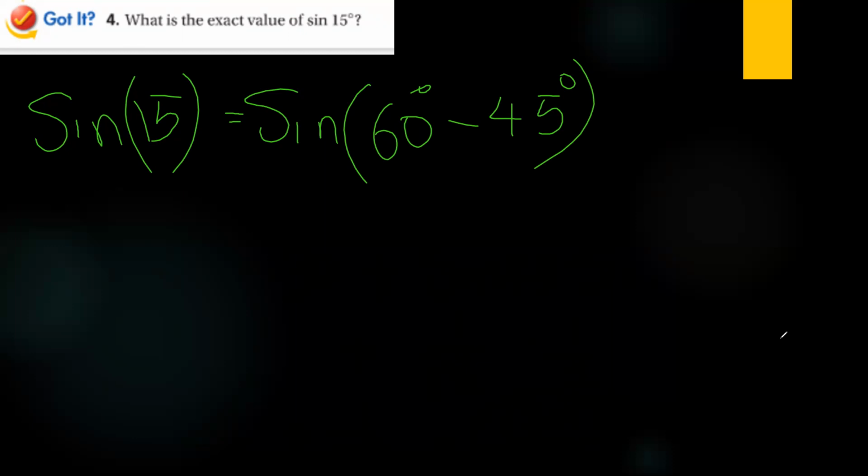Then you will write the formula. Sine of two angles that are subtracted will be sine of the first angle, you keep the minus sign, sine of the second angle. Then you write the opposite of sine, which is cosine, of the first angle, and here cosine of 60.